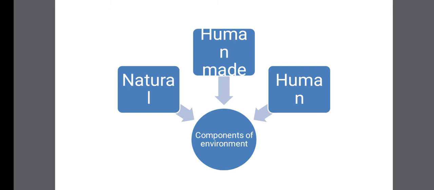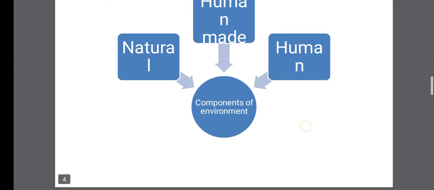Human-made environment includes things made by humans, like buildings, malls, theaters, etc. Human environment includes human beings and the relationships they have in the environment. So these are the three components of environment.